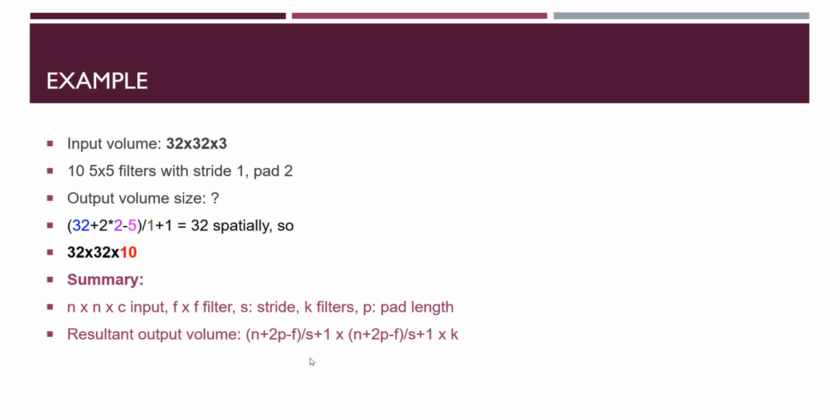This is repeated for the length and breadth, times the number of filters. So it will be 32 by 32 by 10, because there were 10 such filters. So this is a very important formula that we should remember, which gives us the output volume.